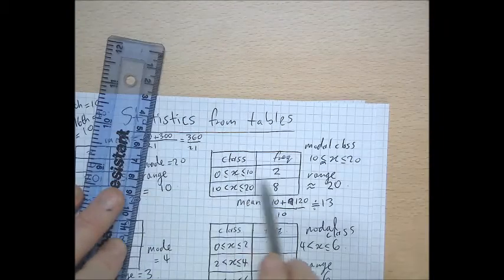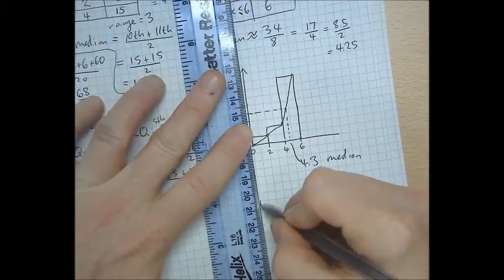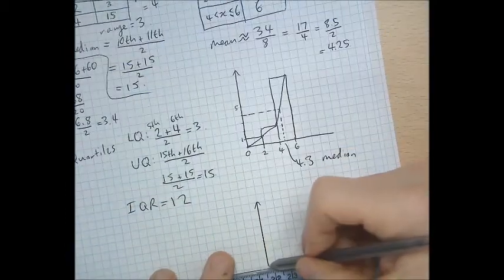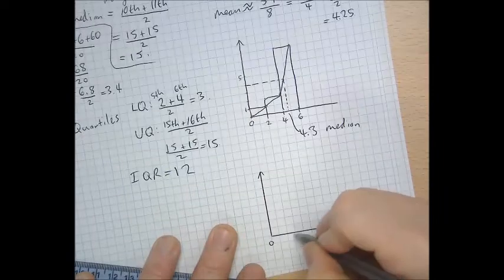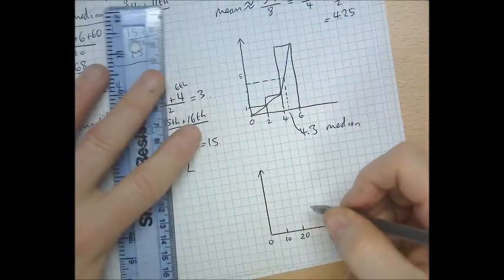I'll do that for my top example here. I'm going to have a height of 2 and then a height of 10 in between 0, 10 and 20. So 0, 10 and 20. Now what was it?